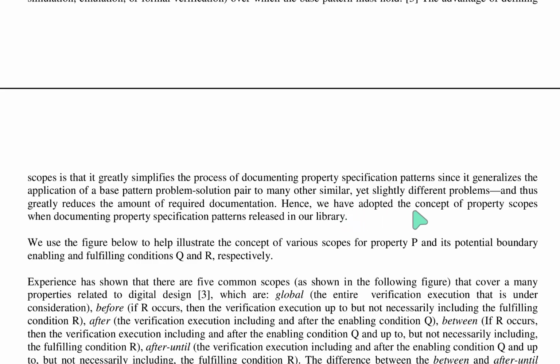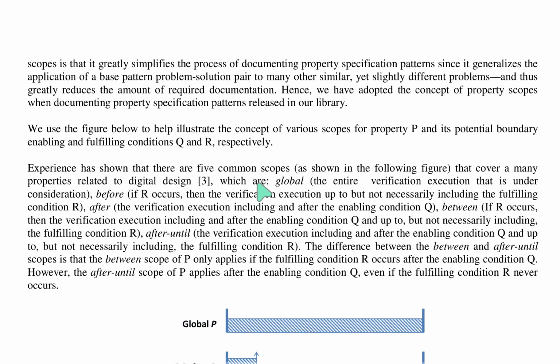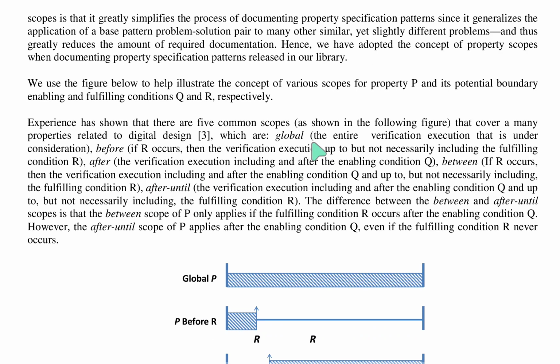Hence, we have adopted the concept of property scope when documenting property specification patterns released in our library. We use the figure below to help illustrate the concept of various scopes for property P and each potential boundary enabling and fulfilling condition, Q and R respectively.